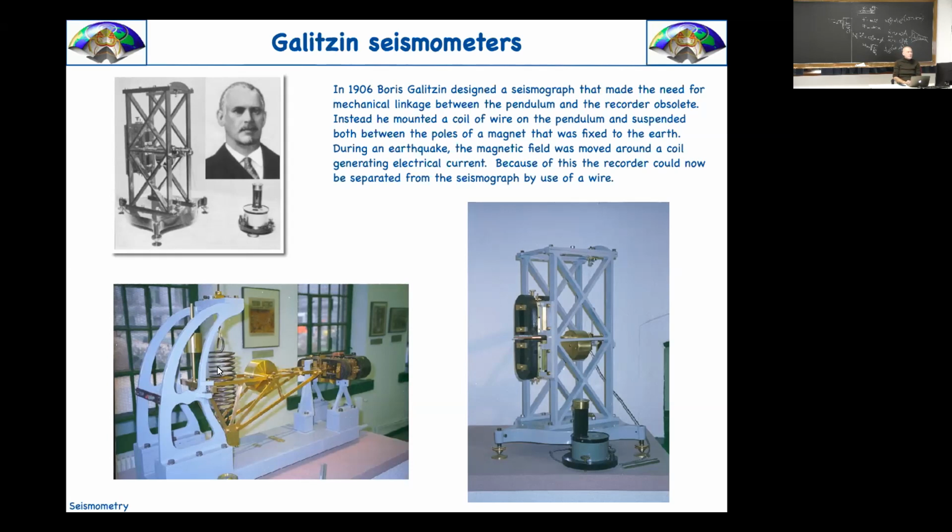That was the idea of Boris Galitzin. Well, not comrade, because the revolution still had to happen. But now, if you have a piece of wire, you can take that signal far from the instrument. And that was the idea, and this idea is still active today.